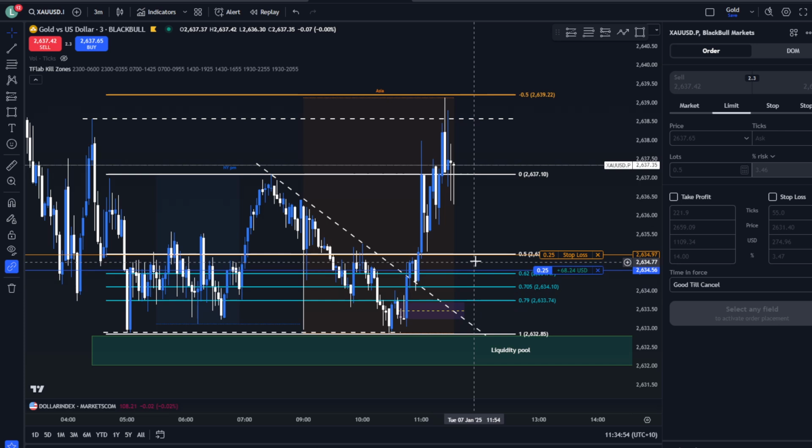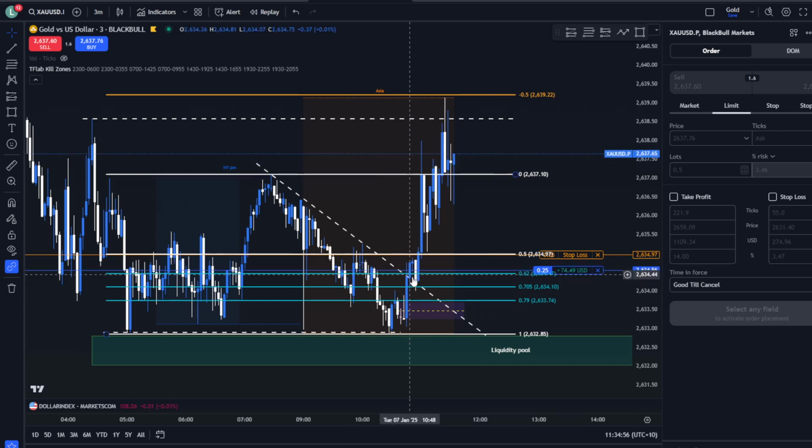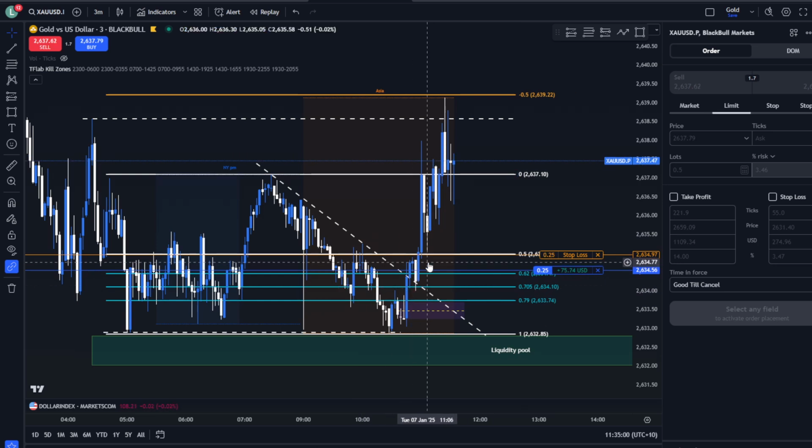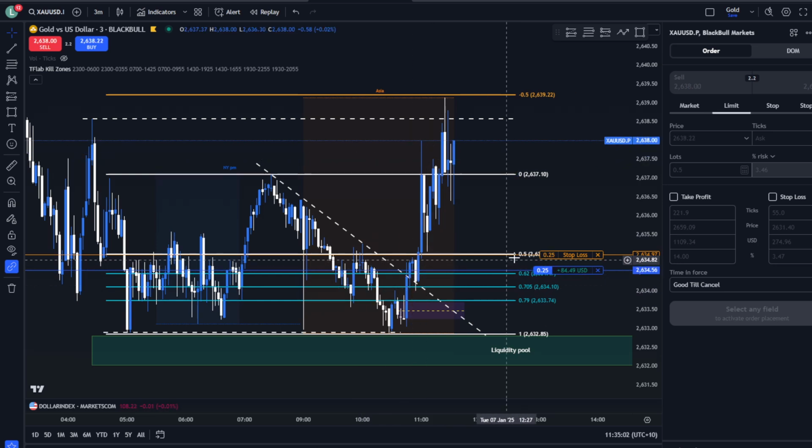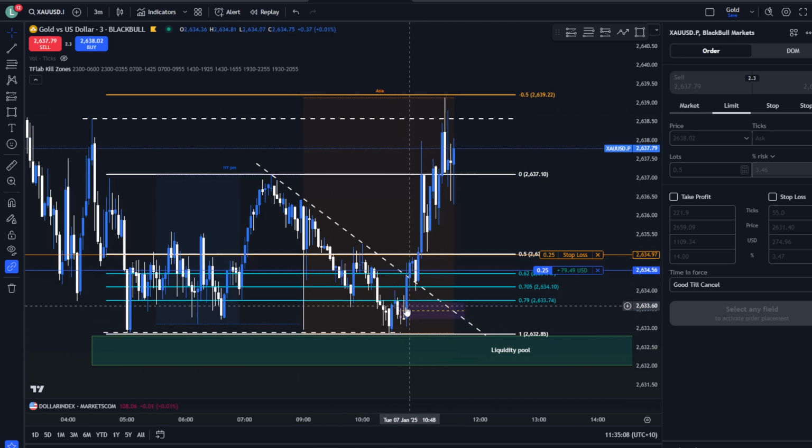It just so happened that my original trade overlapped directly with that. That would have been the exact same trade as the one that I took if I had taken that a bit later. So that's something that we definitely could have done.